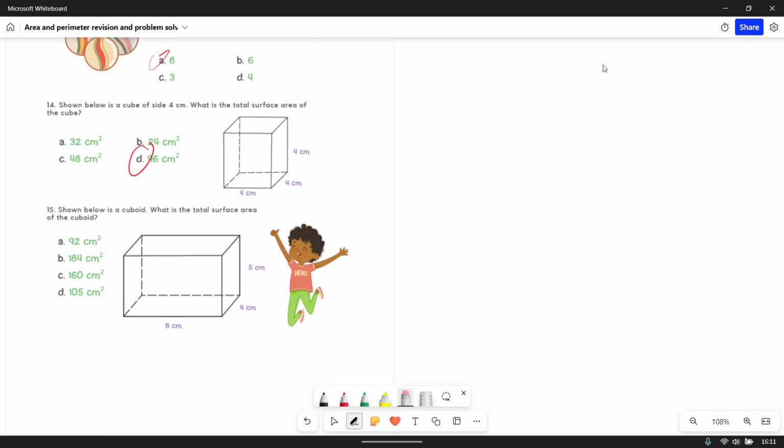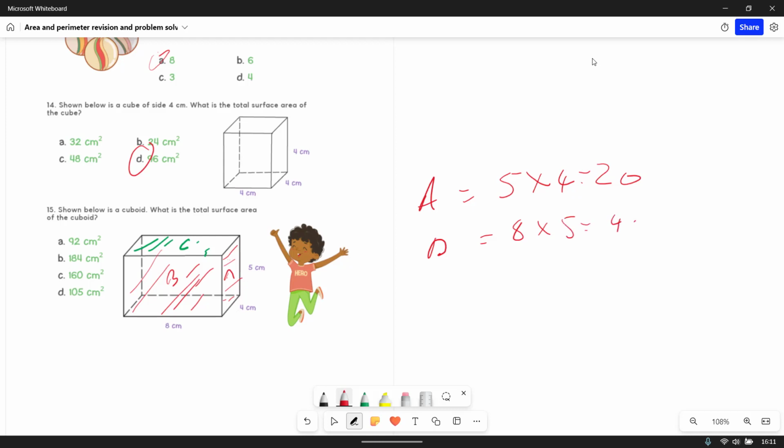Okay, and last question. What's the total surface area of the cuboid? Right, so let's do A here. That's that one. I'll find the area of A, let's do B, this side here, and C is this side here. Dimensions of A: 5 times 4, which is 20. B is going to be 8 times 5, length times height, 40.